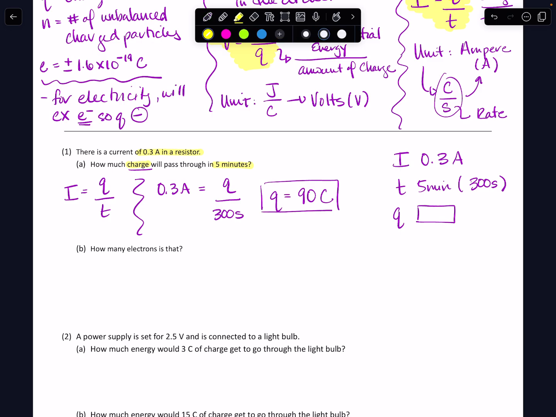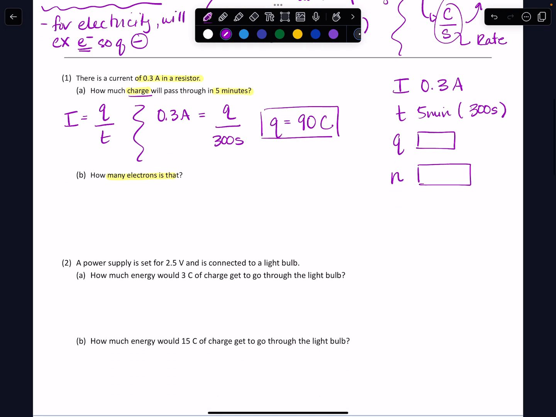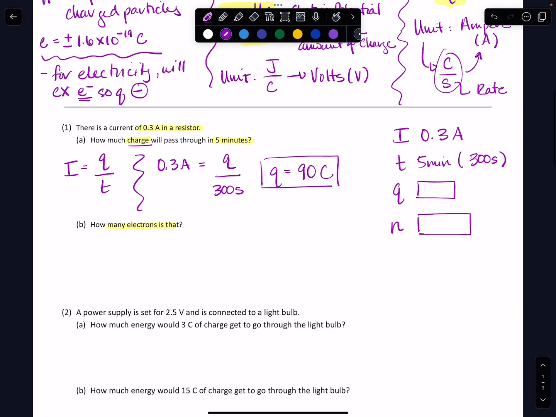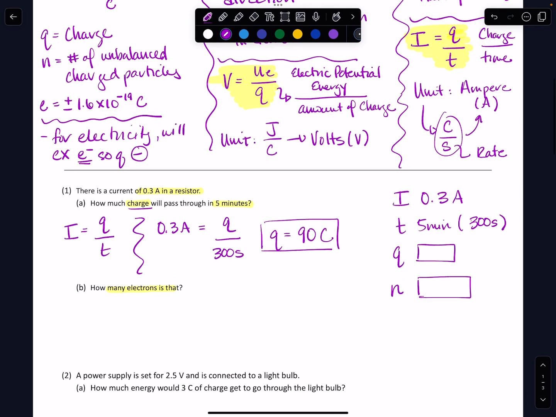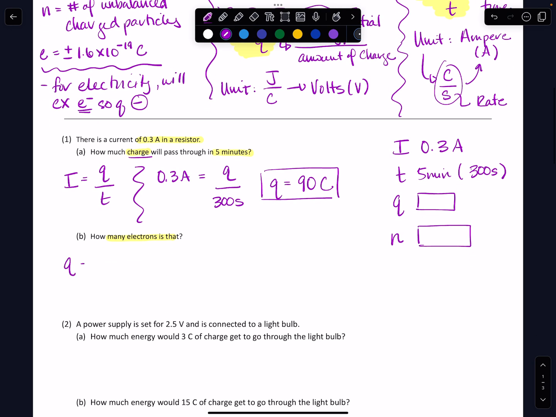The next question wants to know, well, then how many electrons is that? If we're looking for a number of particles, that's n. We now have Q, we have I, and we have T. And I have a formula that includes charge, the amount, and the charge per particle. So Q equals N times E. My 90 coulombs is going to be equal to N times that constant, 1.6 times 10 to the negative 19th coulombs.